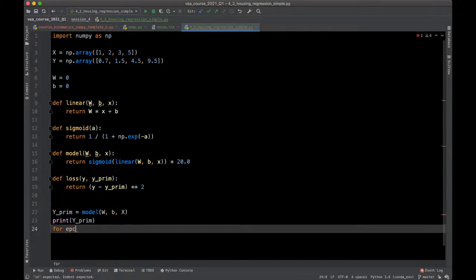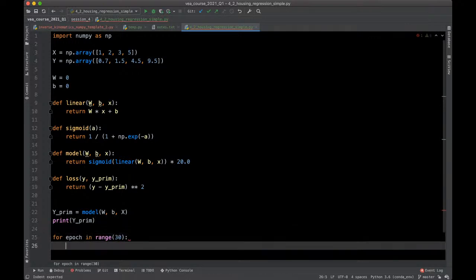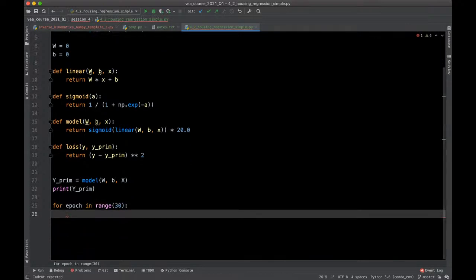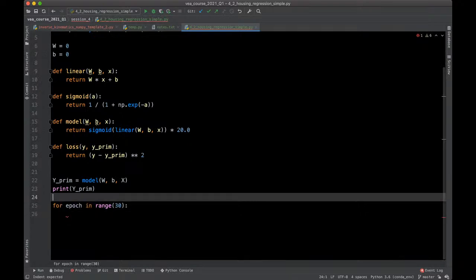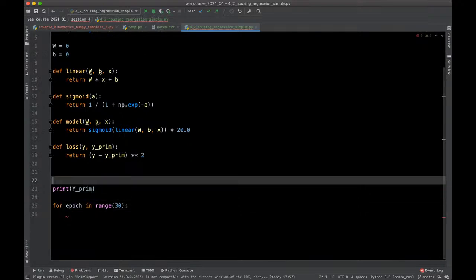It's called an epoch when we train on all of our data set, in range of, let's say, 100, or let's say 10, or maybe 100 is too much, let's say 30. So we'll go through our epochs.